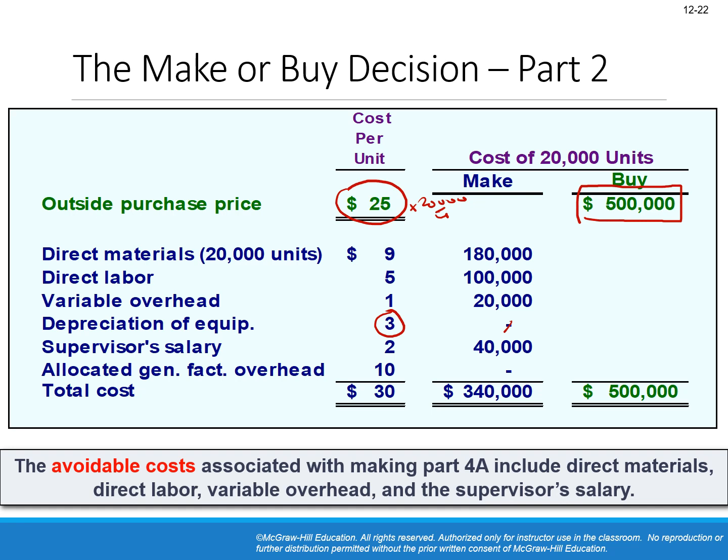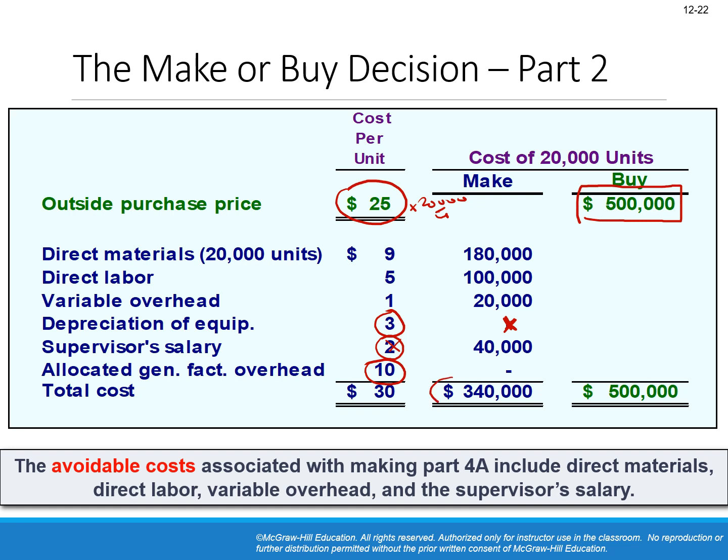So this is an irrelevant cost. You shouldn't include it in the analysis. The supervisor salary, of course, will be deducted because you will get rid of the supervisor after outsourcing. And finally, the allocated general factory overhead, which is the $10, will be allocated to something else.